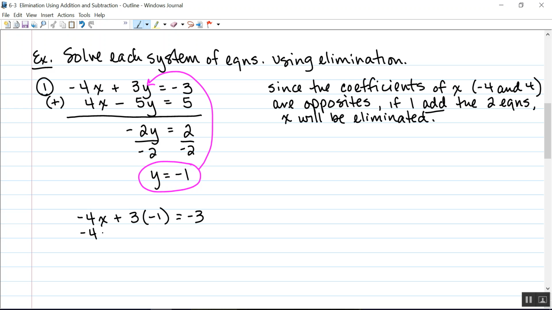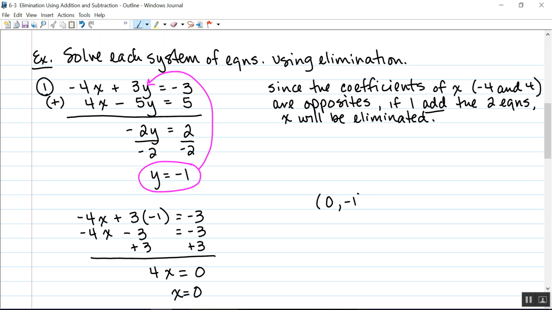And solving that for x, 4x minus 3 equals negative 3. Adding 3 to both sides, I get 4x equals 0, which means that x is equal to 0. So my final answer is the ordered pair 0, negative 1.